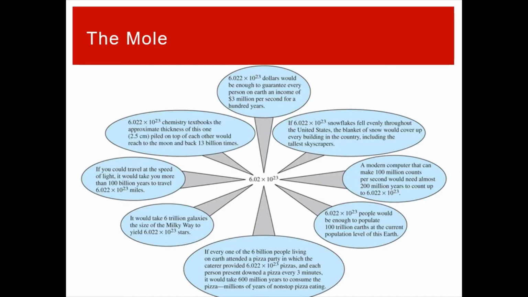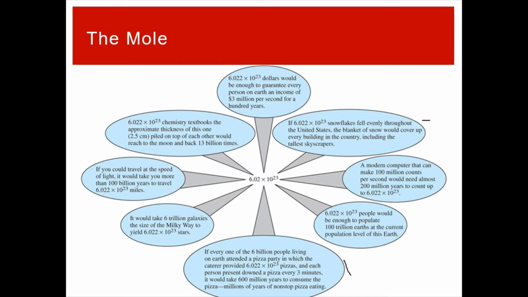Here is a chart from another book that I've used, where it talks about if you had a mole's worth, an Avogadro's number, of any other object, it would be stupidly large. It's enough snowflakes to cover the entire United States up to the tallest skyscraper.